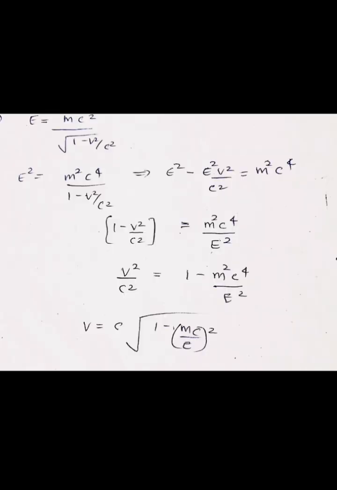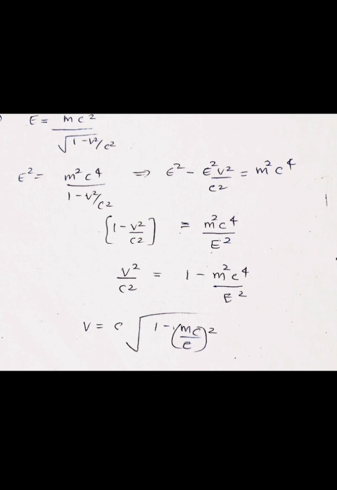The next question is, according to the special theory of relativity, the speed v of a free particle of mass m and total energy E is dash. So here we need to find the relationship between v and E. We know that E is equal to mc² divided by the square root of 1 minus v²/c².